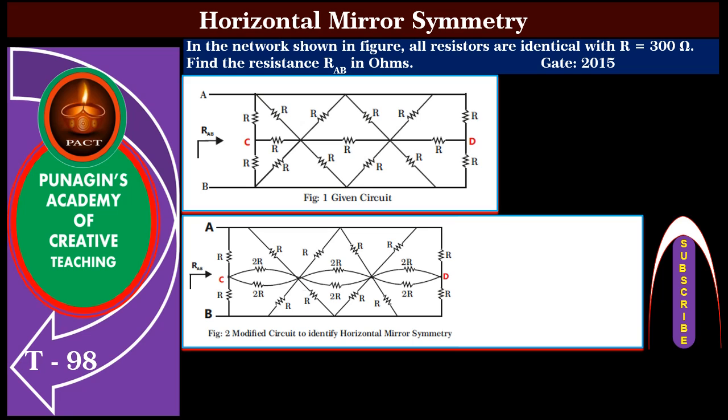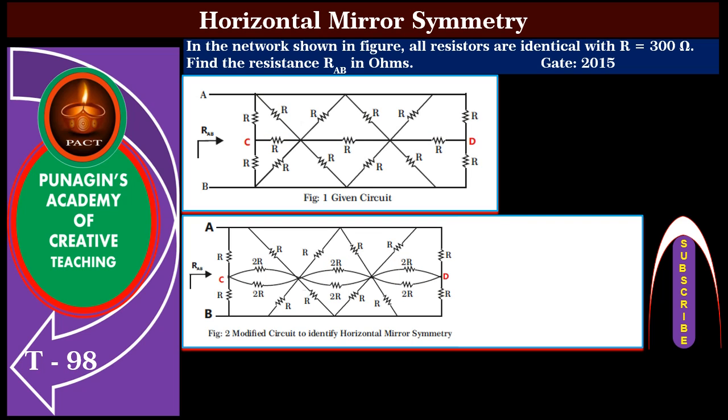You find that three resistances, each of R ohm, connected between C and D, are modified as a parallel combination of 2R ohm each, so that the resultant of each is R ohm again.